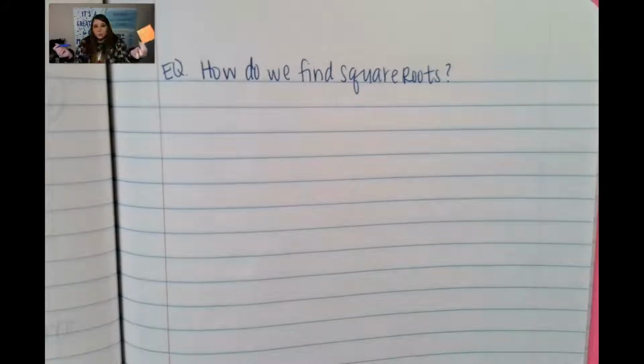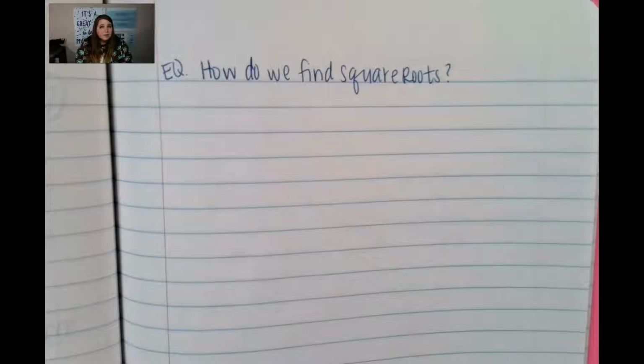It's not a cube, which is three-dimensional, right? So I have two dimensions. I have a width and I have a length, right? So I have two and they're equal. This side is equal to this side. I can use them to find the area of the square. Okay, so that's what I know about squares so far.